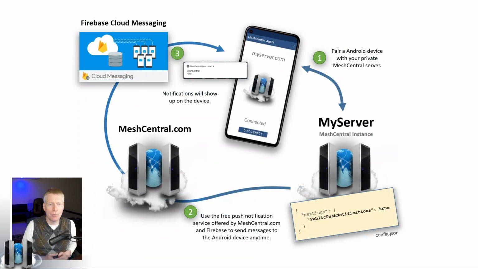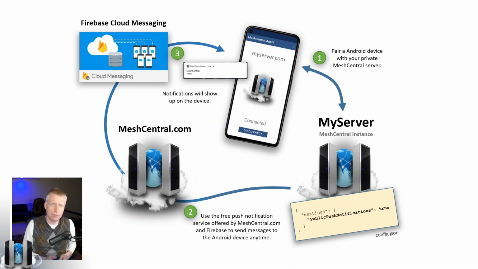There's also support for Firebase Cloud Messaging. So even if the agent is not currently running, as long as it's installed, you can go on the MeshCentral server, type a little message and it will pop up on the user's screen, and then they can tap and go into the agent and activate it. That's really fun. Because of how Firebase messaging works, MeshCentral.com has to send all the messages.